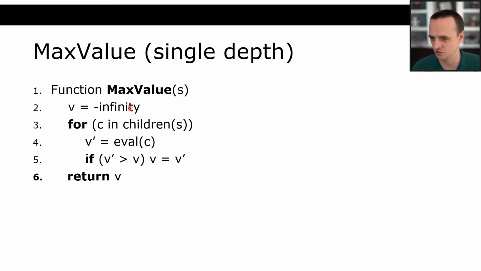I'm just sort of taking a shortcut here. For each child in the children of S, we're going to record the evaluation of that child. And if that evaluation is greater than my current maximum, I'm going to record it. And then what I do is I'm going to return the best value that I could have gotten. Right? See how that works?